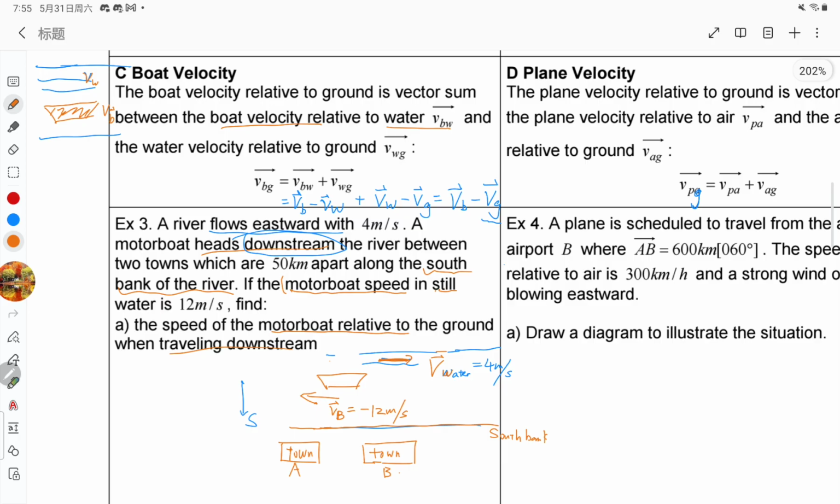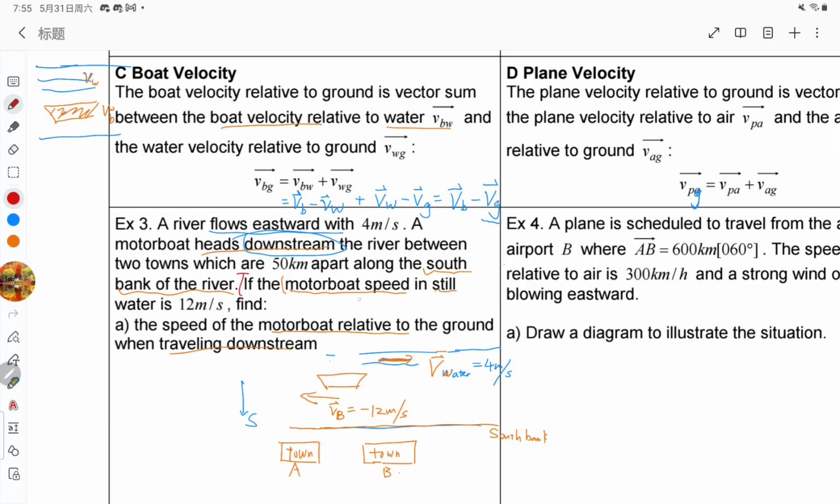I think we can still write a definition here like VB minus VW. This always holds true, right? By definition of VW. However, this is how we understand the boat relative to the water. And then look at this sentence.